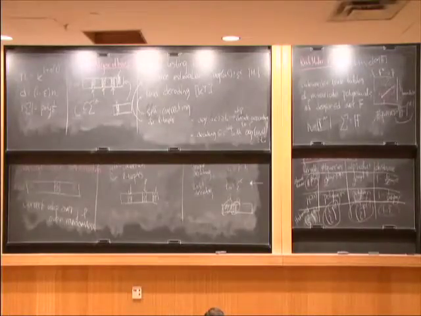Suppose I have variables of a SAT formula, the SAT formula is phi, and the PCP theorem says that there is an encoding such that I can query a constant number of positions, and just by testing them, I know whether there is an assignment that satisfies phi or there isn't.